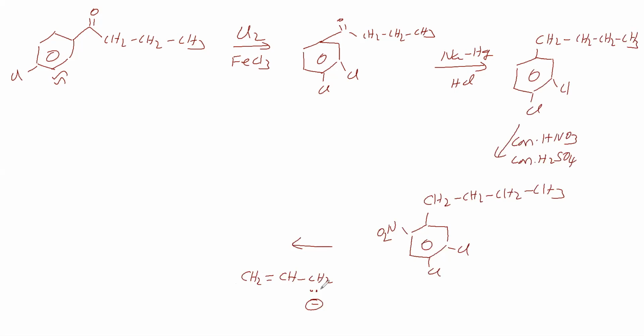Now, the nucleophile can attack this Cl and replace Cl minus. That is a possibility. But aryl halides do not go for nucleophilic substitution. Aryl halides do not go for nucleophilic substitution, isn't it, sir?